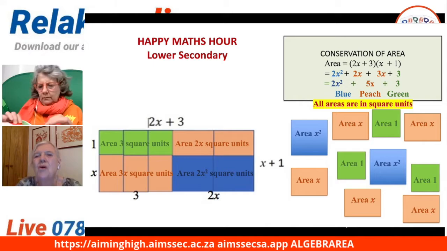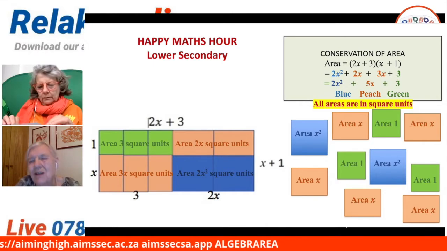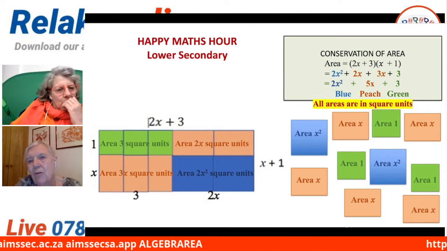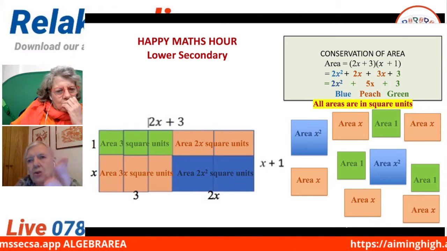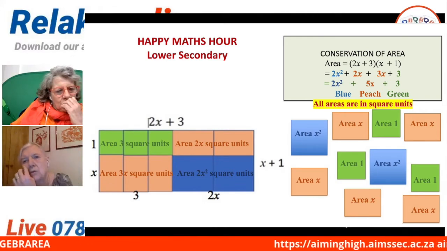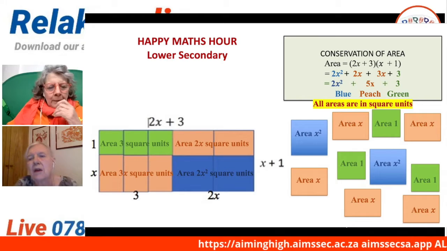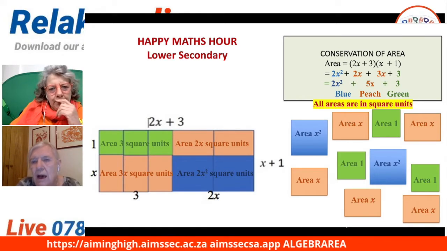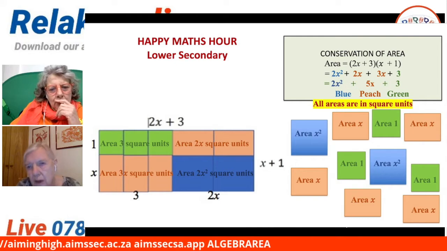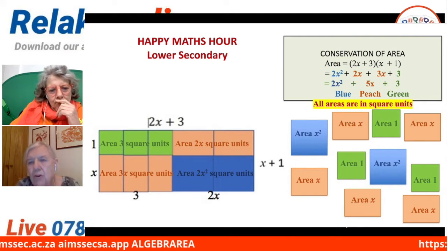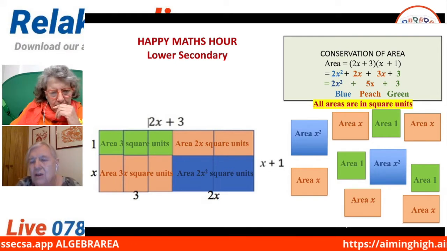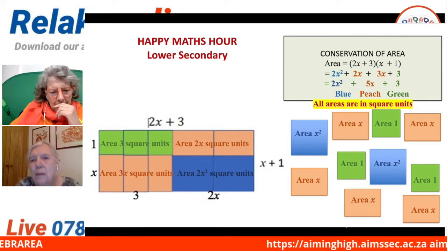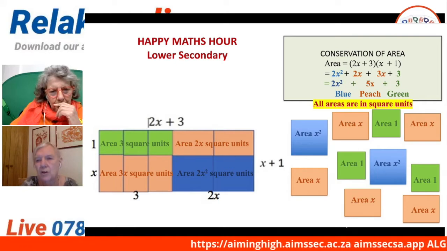You mustn't move on until people really understand what's happening. And often this multiplying of the two binomials, these two brackets together, is taught as 'these are the rules, this is how you do it, and if you do it the right way, you'll get the right answer.' And the children really don't understand it, and then they don't remember what the right way was.